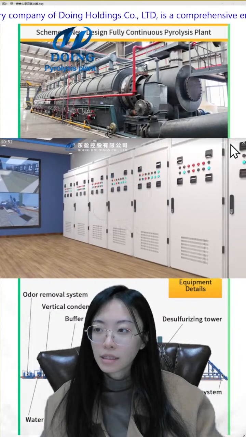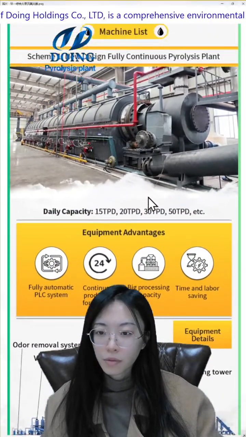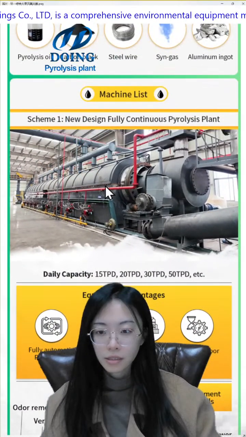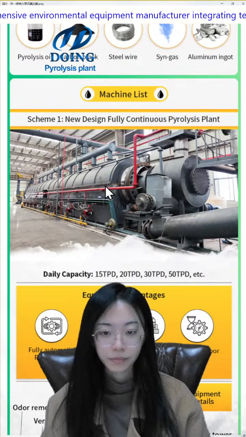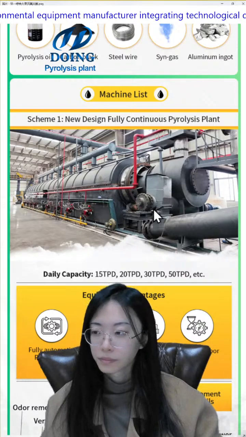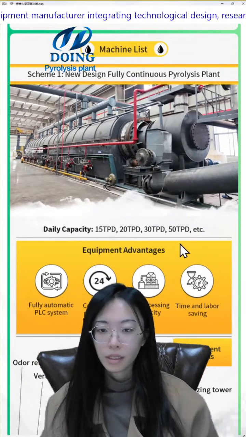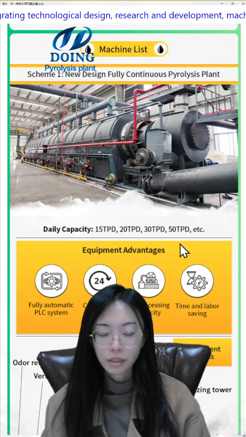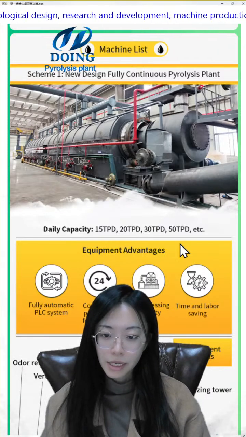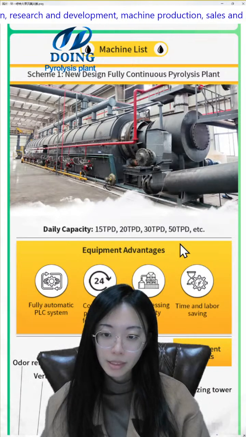And this is the real picture of our equipment, a customer from Chongqing. This is the technique, and this customer has a 50 ton per day fully continuous pyrolysis plant.